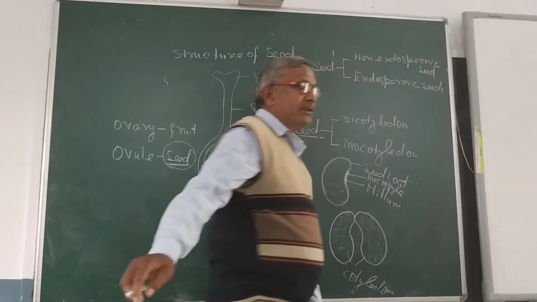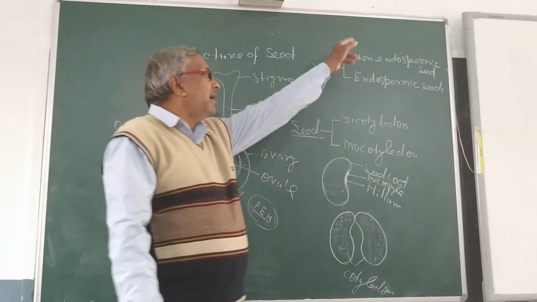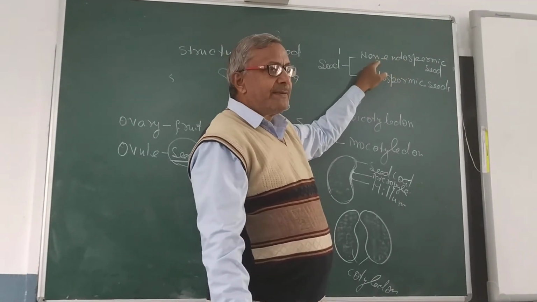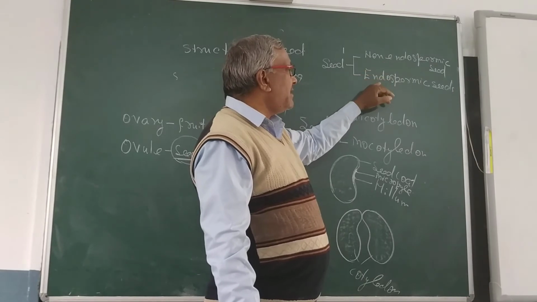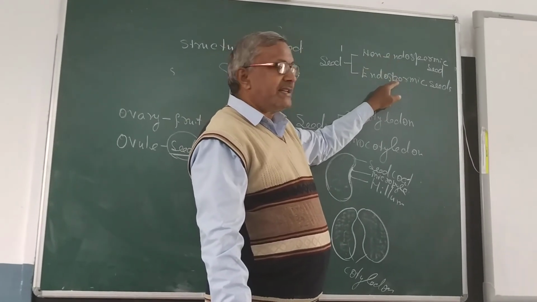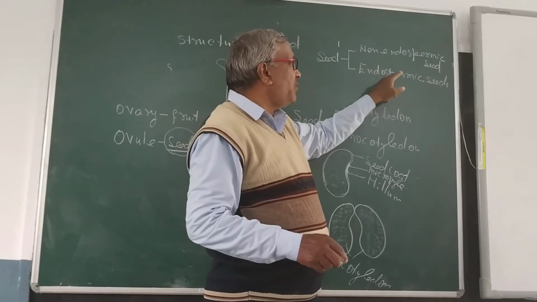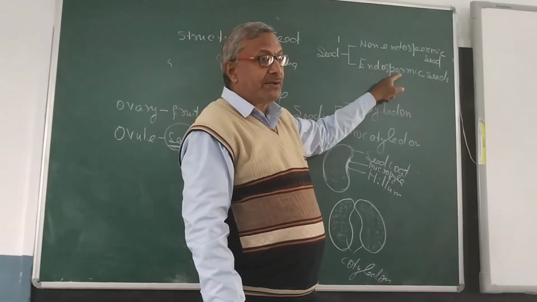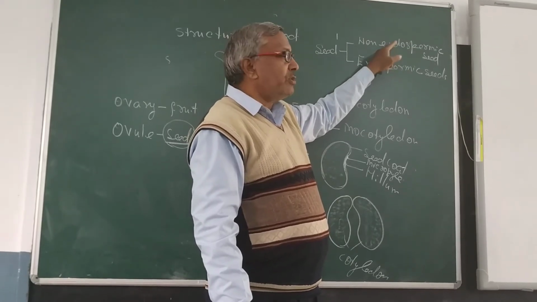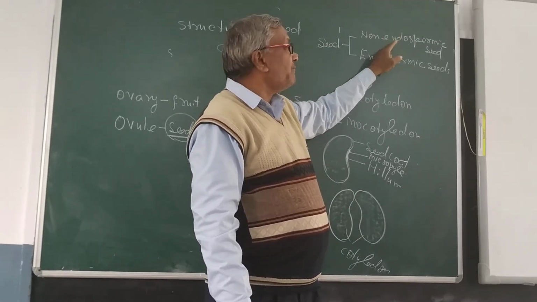So here, children, you have to know, on the basis of endosperm, seeds are two types, endospermic seed and non-endospermic seed. Endospermic seeds are those seeds in which endosperm is present. Non-endospermic seeds are those seeds in which endosperm is not present.